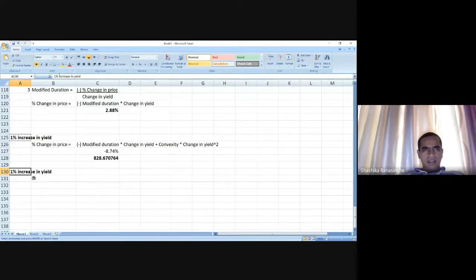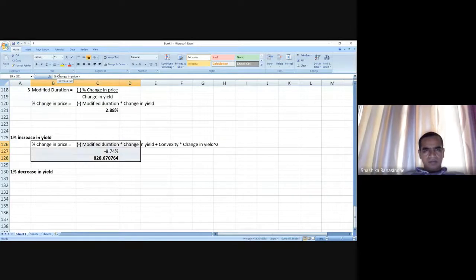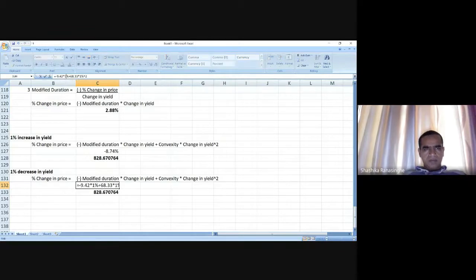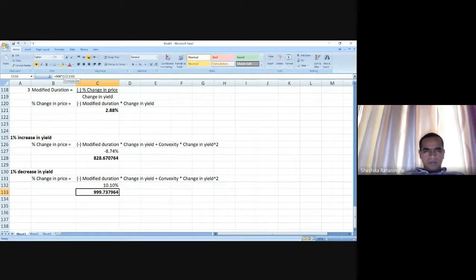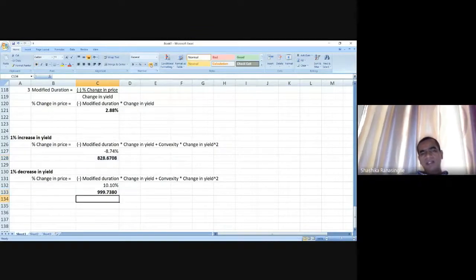And when yield drops by 1%, the bond price will increase.